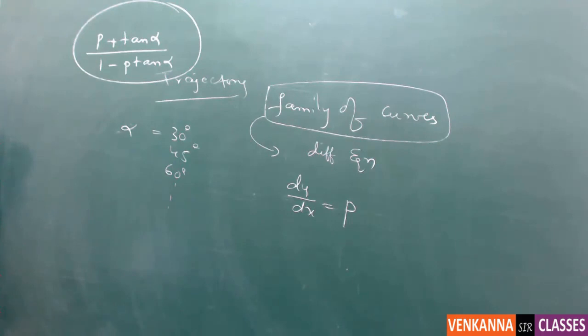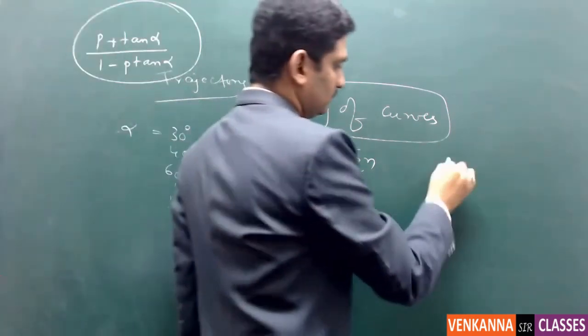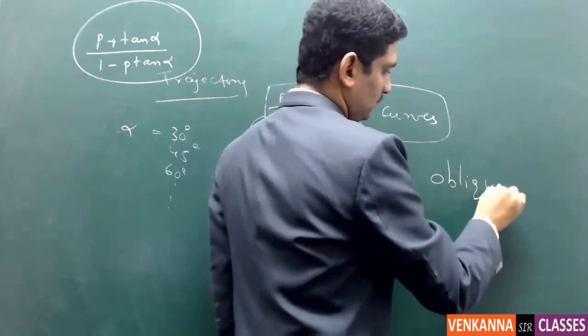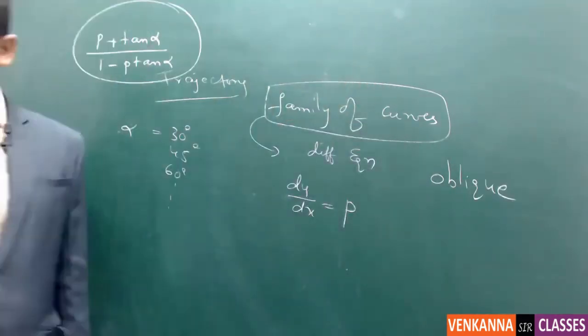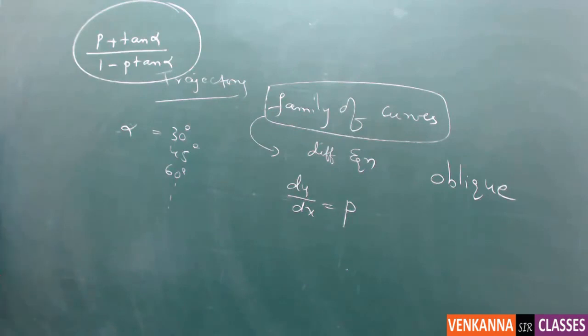So this type of trajectories, we are going to call it as oblique trajectory. So did you come across that word? So oblique trajectory is nothing but the curve which intersects each and every member of the given curves at a fixed angle.